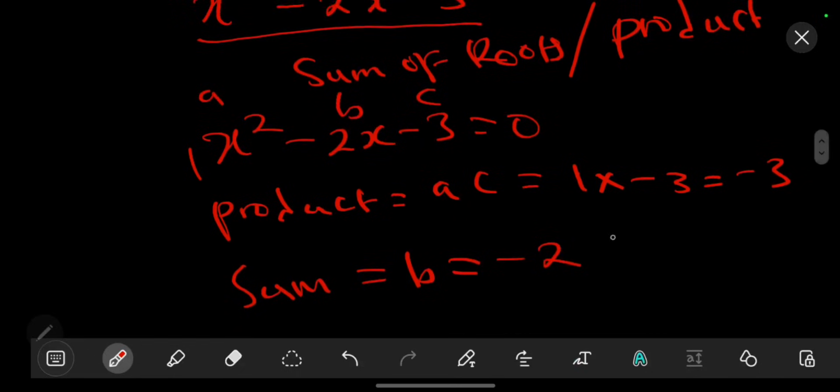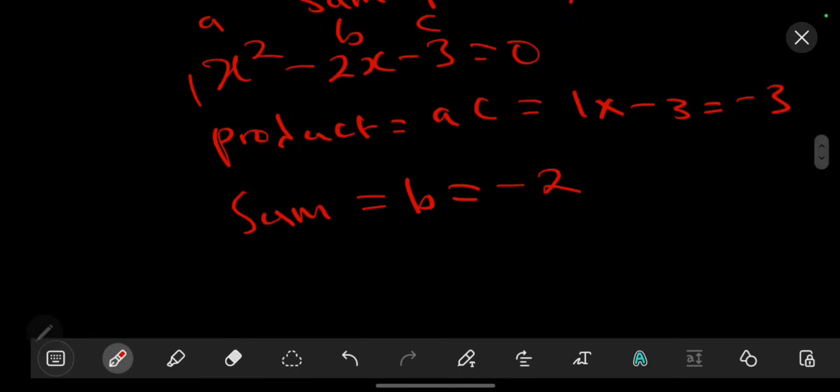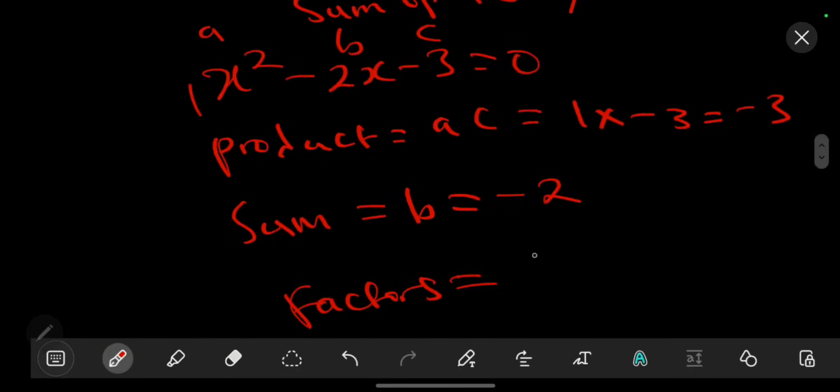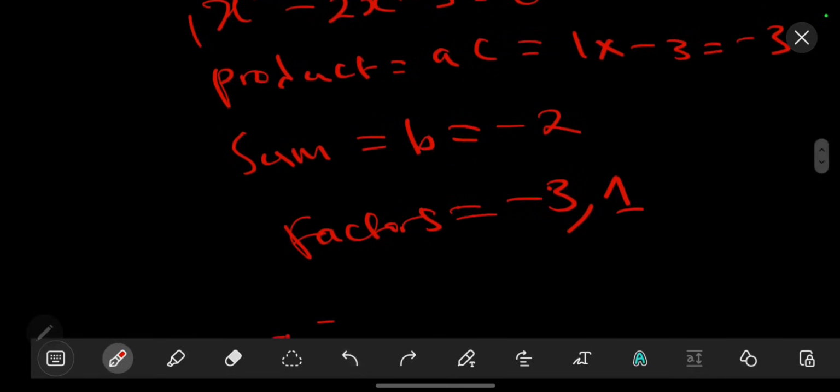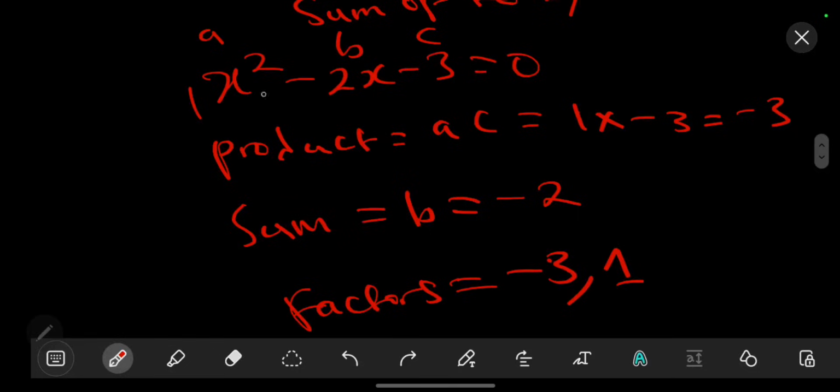So we are going to have something like a negative. Then our factors, two numbers which when we multiply them give us -3, and when we add them give us -2. So these numbers are -3 and +1. If we multiply them, they will give us our product. If we add them, they will give us our sum. So we are going to replace them there.